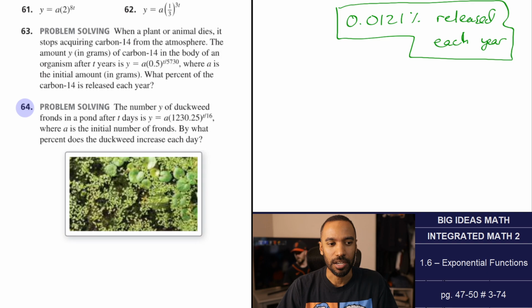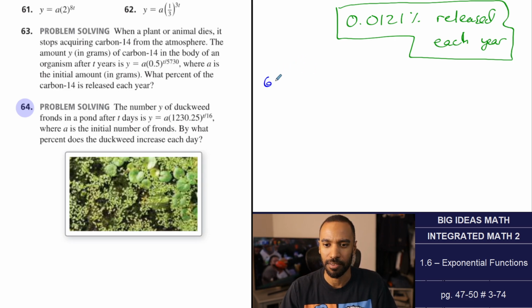The number of duckweed fronds in a pond after T days is this expression, where A is the initial number of fronds. By what percent does the duckweed increase each day? This is very similar to the last one. Let's hope we don't have a scientific notation issue.